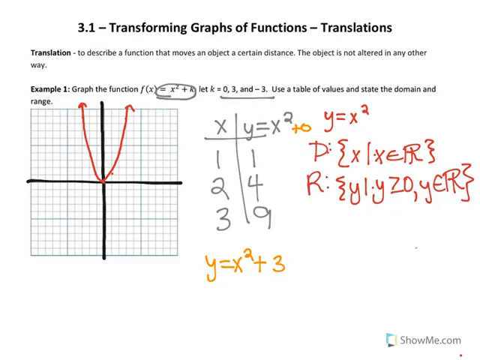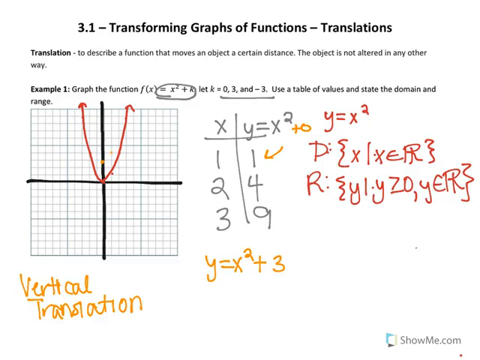So really what you're doing is you're taking each of these things and you're increasing it by 3, which means that it's going to start here at 3. So what this is actually doing is it's called a vertical translation. We've moved it up 3 spaces. So now this graph looks exactly the same. It just starts at this new location.